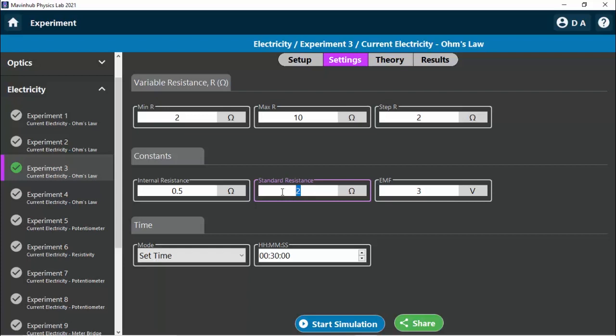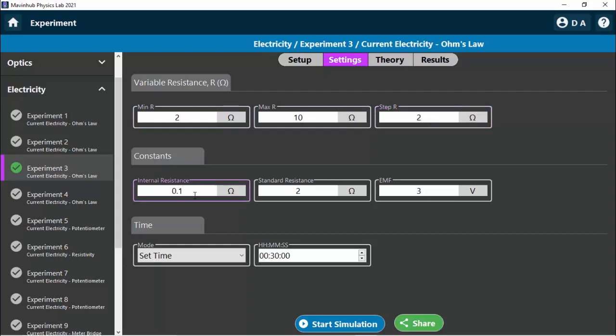Then we don't know what the range of readings for the resistance box would be, but in this experiment we are going to assume that the minimum is 2, the maximum is 10, and the step is 2. Then we are going to assume an internal resistance of 1.